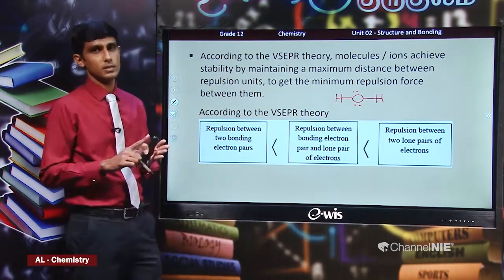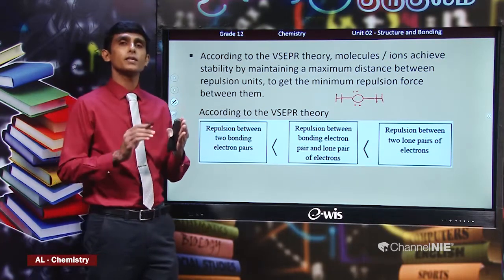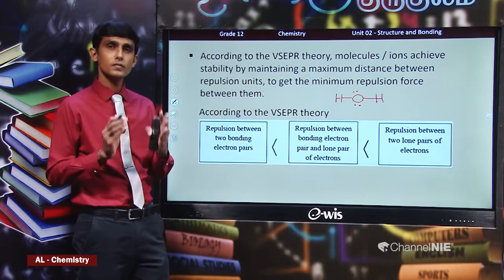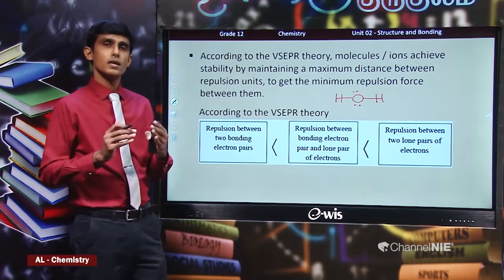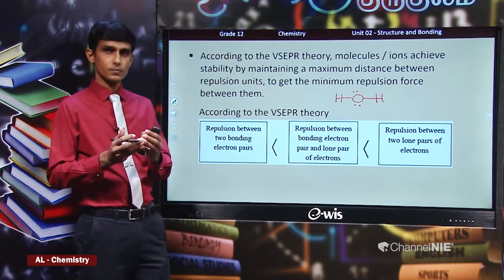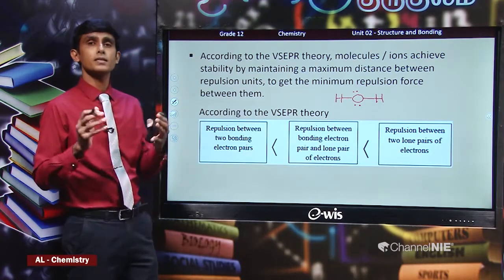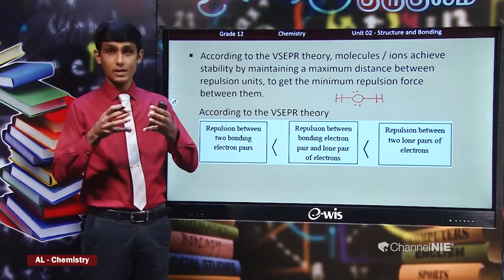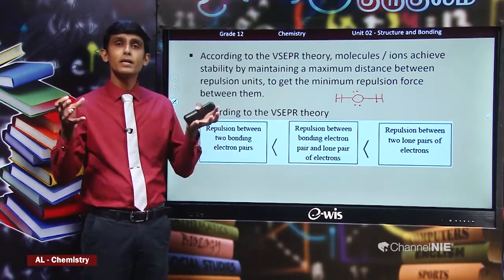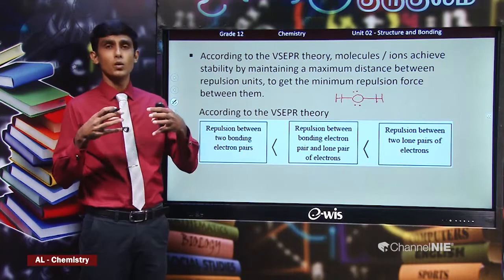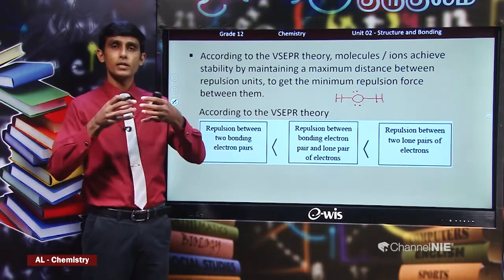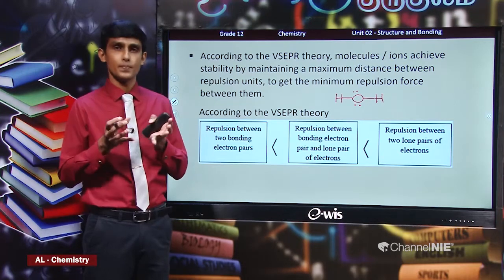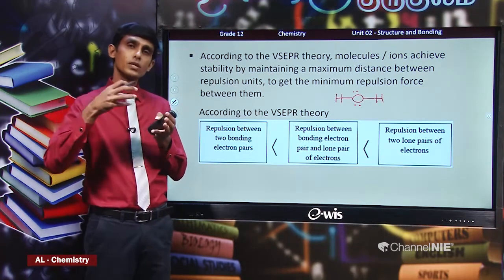Out of these 3 types, the strongest repulsion is the one exerted between lone pairs, because in a lone pair the spatial distribution of the electron density is greater, as it is connected to only one atom.